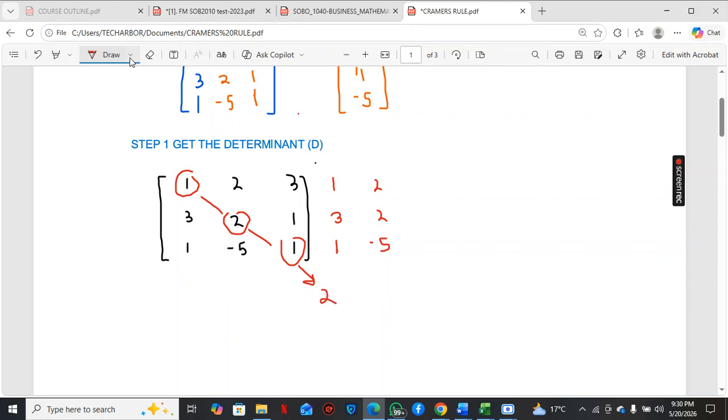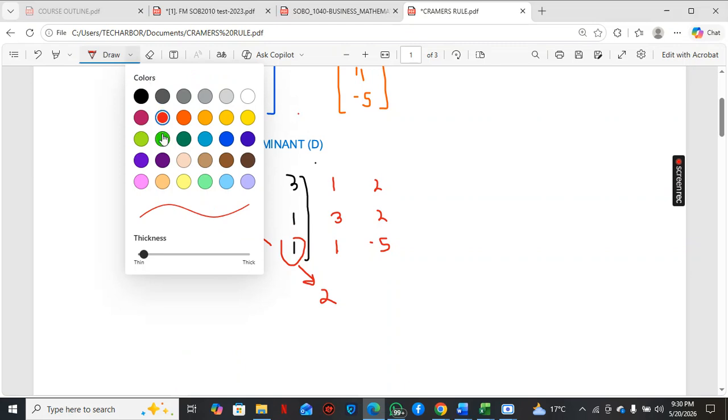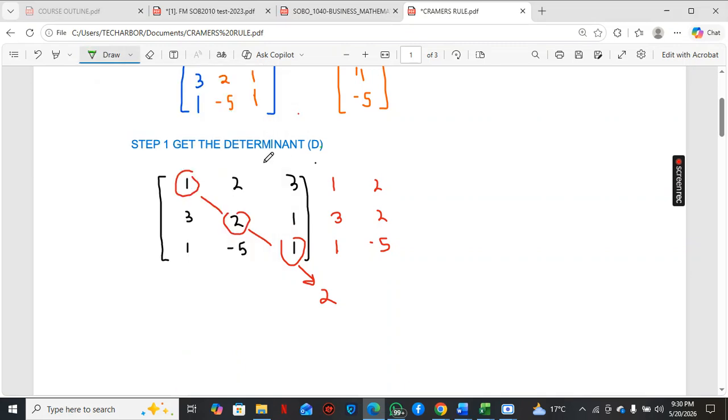We go to the next diagonal. 2 multiplied by 1, that is 2. 2 again multiplied by 1, that gives us 2. So here you put plus.